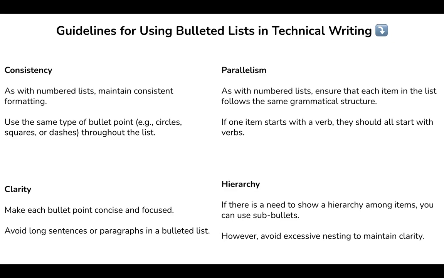So another thing is when nesting list items, if for example you used a dash for the main list, if you are putting in a sub list, you should use a different type of bullet points. Maybe if you use a circle, you should change the sub list to squares or dashes. Right? So nesting is nice, makes sense, but you should avoid excessive nesting so you don't confuse your readers.